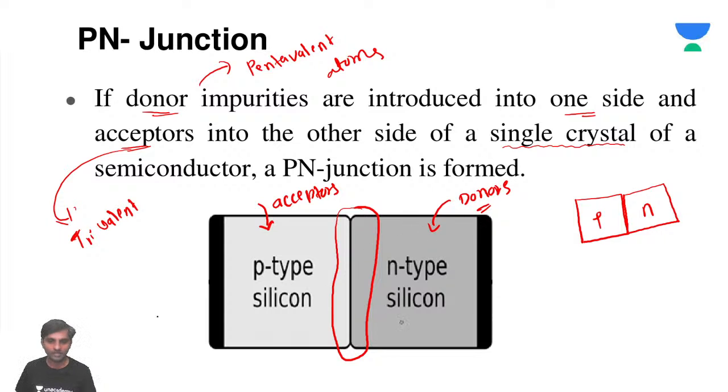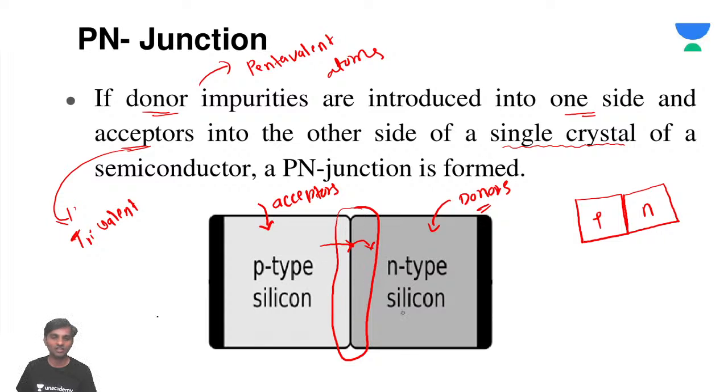So the complete p-type consists of acceptors and the complete n-type consists of donors. When you move from one end to the other, till here you are in p-type, and after crossing this line, you enter n-type material.